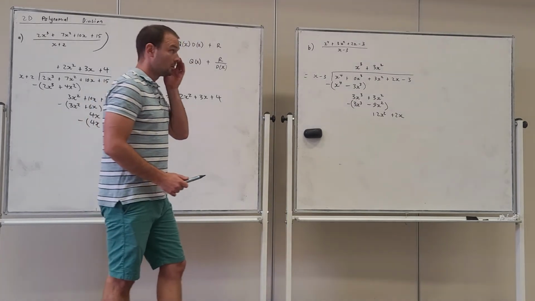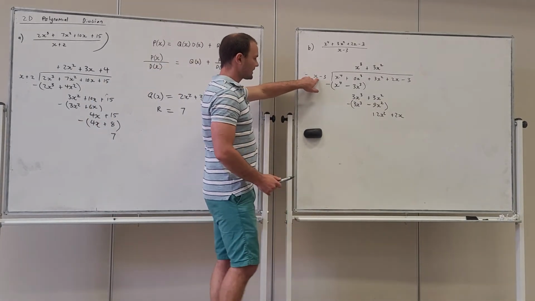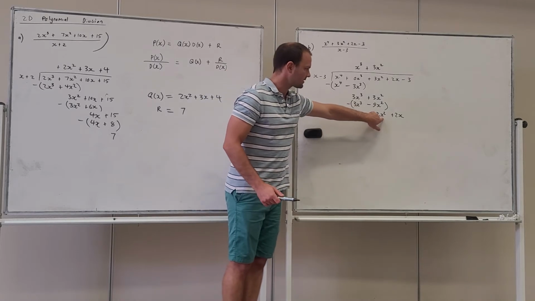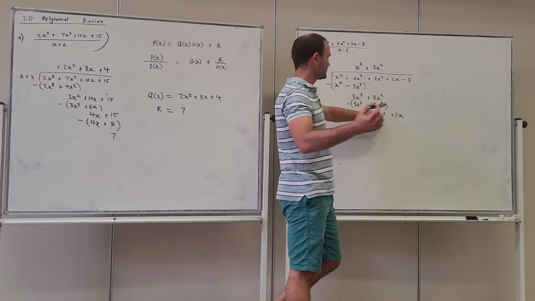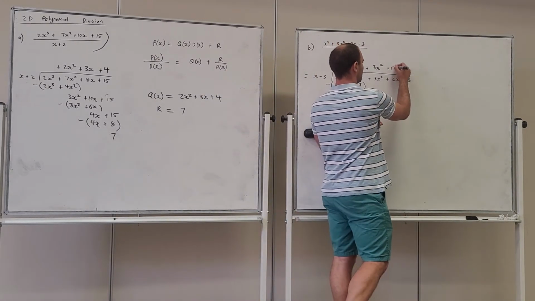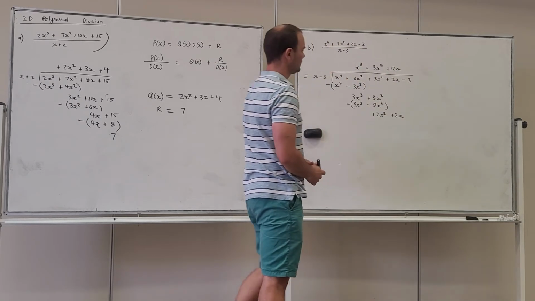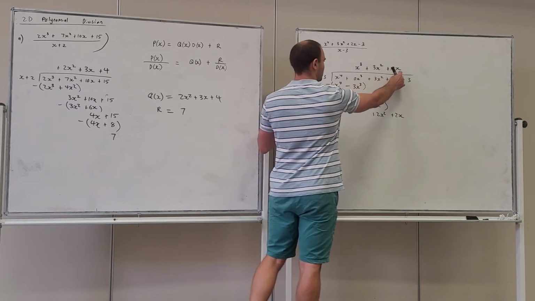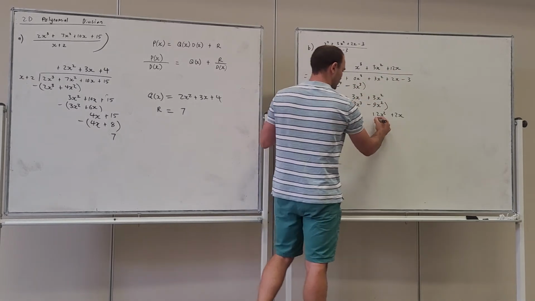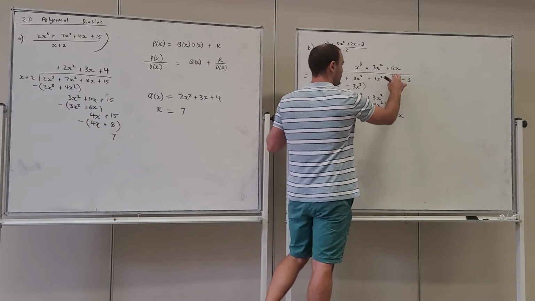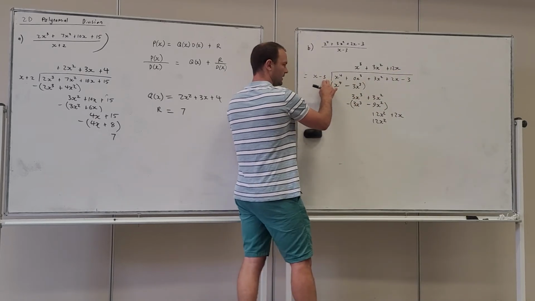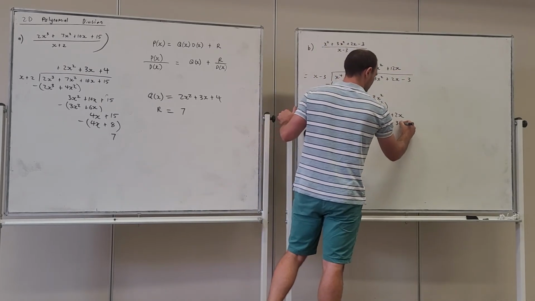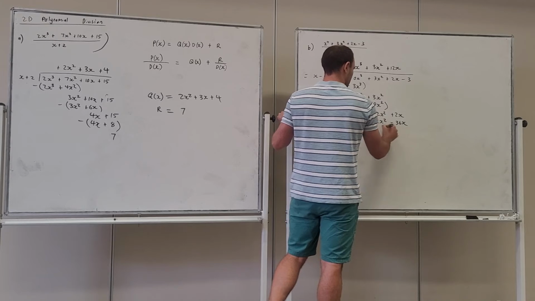Okay, our next question. What do we multiply x by to get 12x squared? The answer, plus 12x. Okay, let's carry that out. 12x times x will be 12x squared. 12x times minus 3 will be minus 36x.